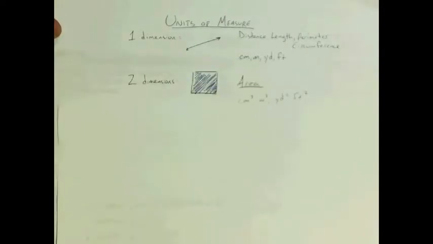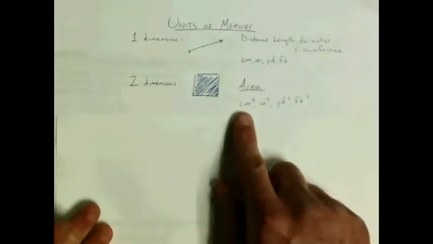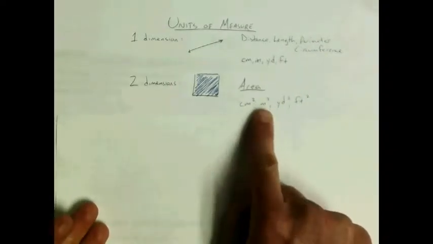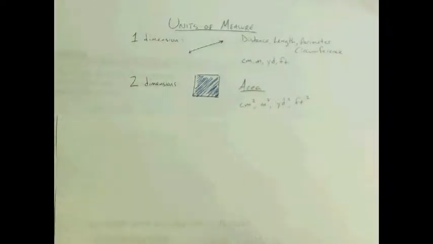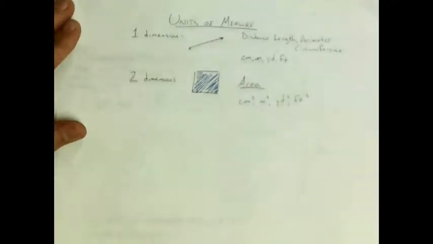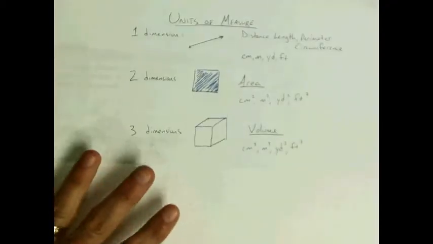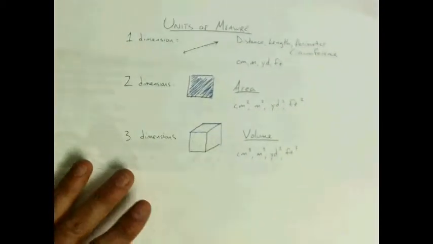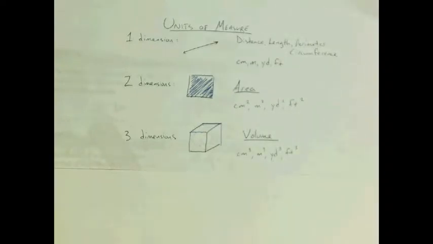Then in two dimensions, what we called area, our units are squared centimeters, squared meters, squared yards, and squared feet. And then volume, the third dimension, requires cubic centimeters, cubic meters, cubic yards, and cubic feet. So that's our quick review piece.